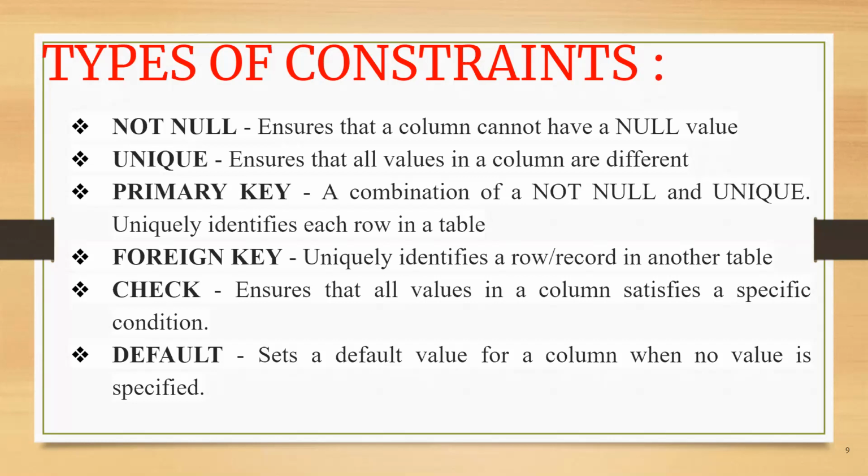So you will apply some check constraint on any attribute, and at the time of insertion, updation, or deletion, it will check the conditions. Last, default value. Whenever you want to set a default value for a column where no value is specified, then you can go with the default constraint. So whatever default value is set, that value will automatically be assigned to all the rows of the table.